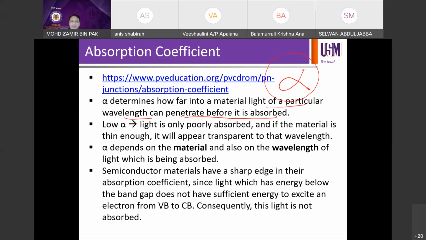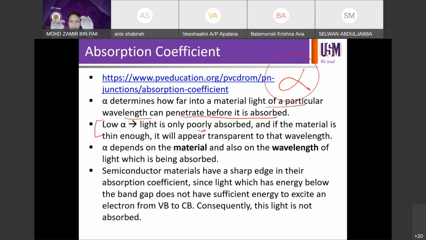So low alpha light is poorly absorbed, and if the material is thin enough, it will appear transparent to that wavelength. That means if alpha is very low, the material has very poor light absorption capability, so you need relatively thick material to ensure light absorption.